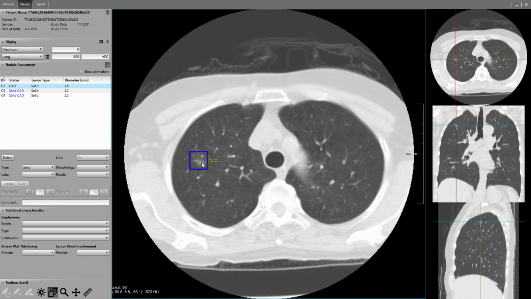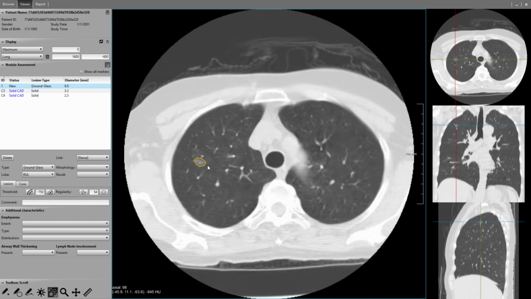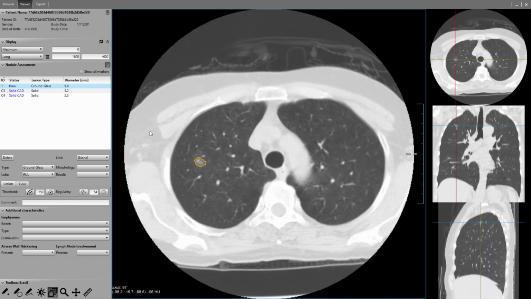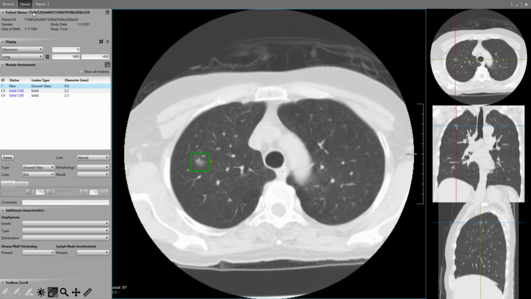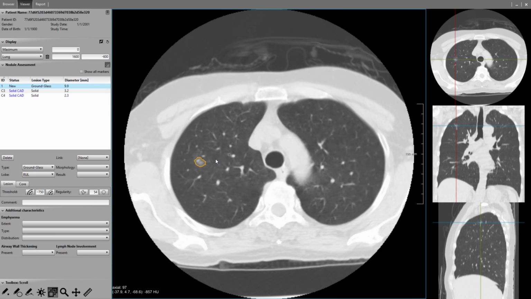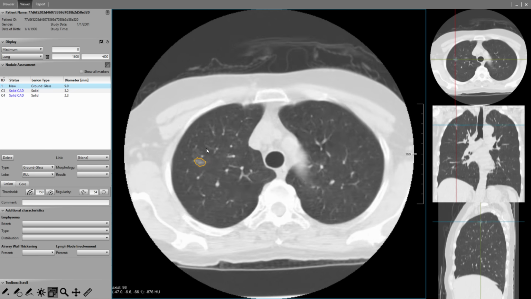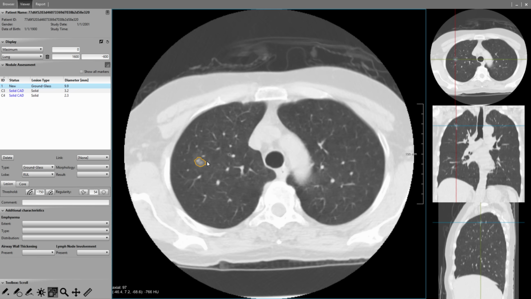And this is the only lesion, probably a ground glass lesion, that I can see here. The probability of malignancy is 20%, but it's not a particularly suspicious lesion. But it could be that this lesion has been growing compared to the previous scan. So you have to be aware that there are cases in this challenge where the nodule is not super suspicious, but it still can be a cancer case.